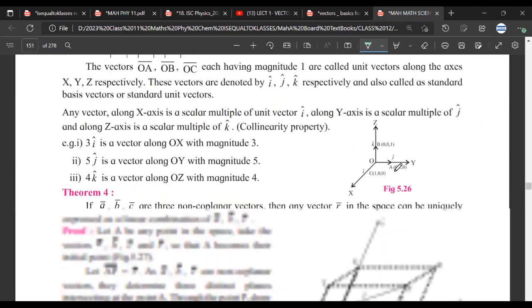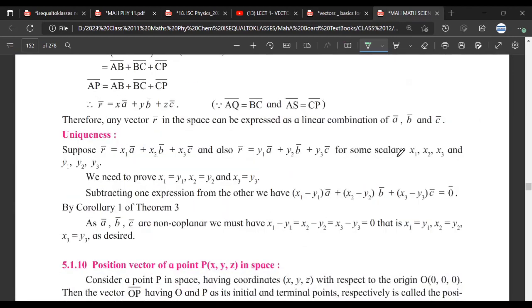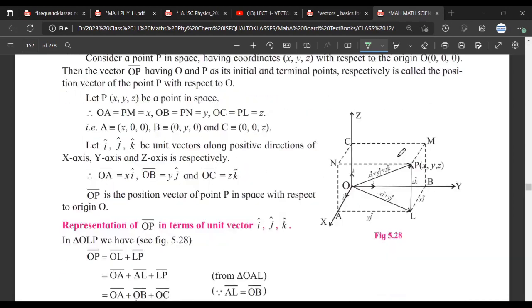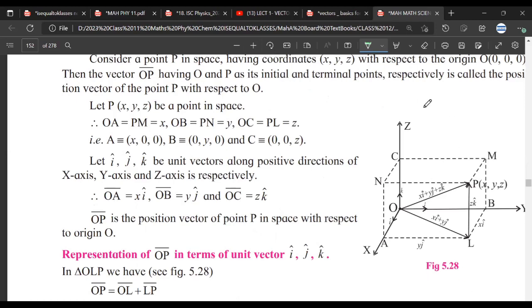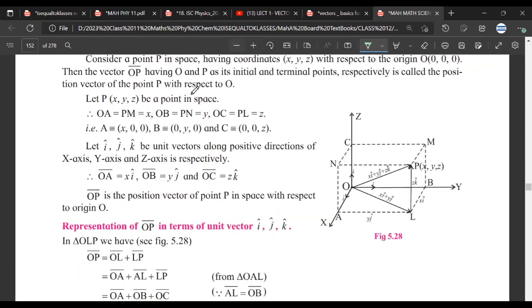Have we understood? So, just keep in mind which kind of vector you are dealing with. For example, this is what we were discussing. This is some random point xyz in space, and this vector OP is called the position vector. Why position vector?